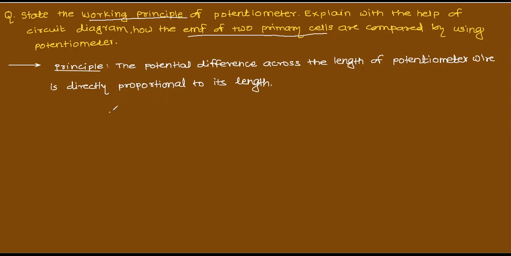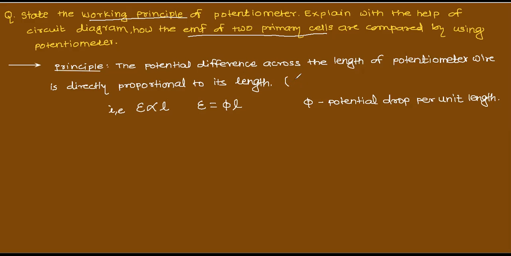That is, E is directly proportional to L, and therefore E is equal to phi into L. What is phi here? Phi is potential drop per unit length. The potential difference across the length of potentiometer wire is directly proportional to its length. This is your principle.